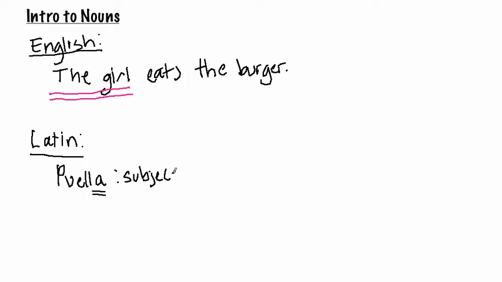Or it could be something else, but I'll get into that later on. However, if you wanted to change it to the object, then you'd have to change the ending to am, so the word would be puellam. So that's what I mean by the Latin changes the ending of the word to reflect how it acts in the sentence.